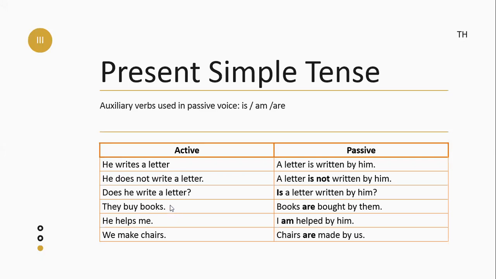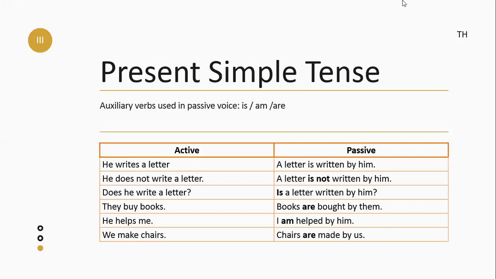If we are to make the passive sentence of it, we say books are bought, because we use the past participle of the verb buy. Books are bought by them. So we can also say books are bought, and we can just simply stop there. That's fine.